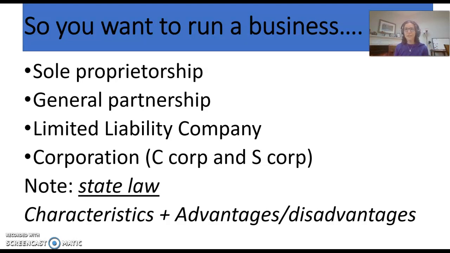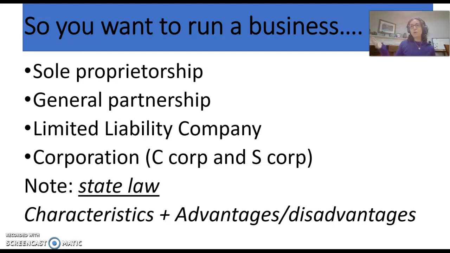For each one of these types of business entities, we're going to walk through the characteristics of each. What makes one business a sole proprietorship and another a limited liability company, in terms of its size, its management, how these entities are taxed, how the owners are or are not exposed to personal liabilities. How do you create each one of these?